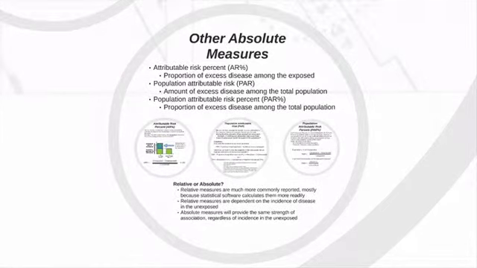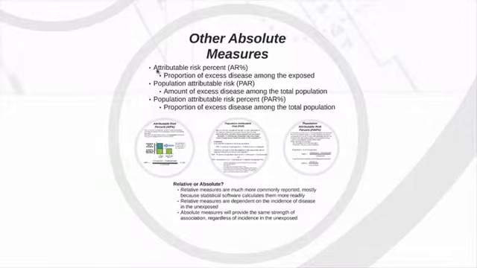In addition to attributable risk or risk differences, there are other absolute measures of risk, as opposed to relative measures of risk where we're doing that division we did above. We can calculate attributable risk percents, population attributable risks, and population attributable risk percents. I'm making a call right now that I'm not going to go through these at this point. I think this is enough math to wrap your head around.